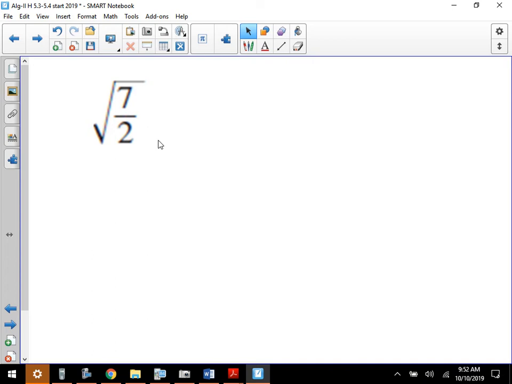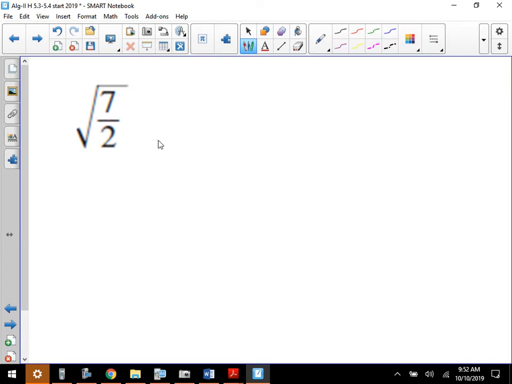You multiply by what? Square root of 2. So what this means here is square root 7 divided by square root of 2. It means the same thing. What we're doing here is we are rationalizing the denominator. You are not allowed to have radicals in the denominator.